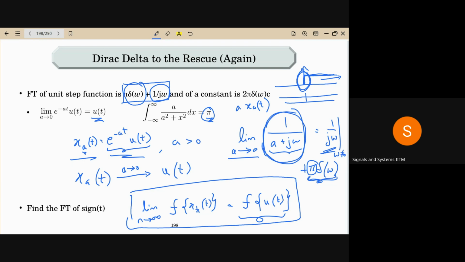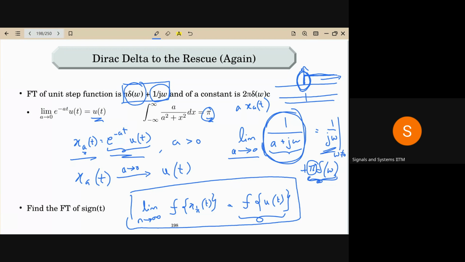It means there is a discontinuity, which means that within an infinitesimally small time I am moving from 0 to 1, so the slope at that point goes from 0 to almost infinity. For this reason, we'll have infinitely many frequencies present at that time instant, combining together to give us a discontinuity.